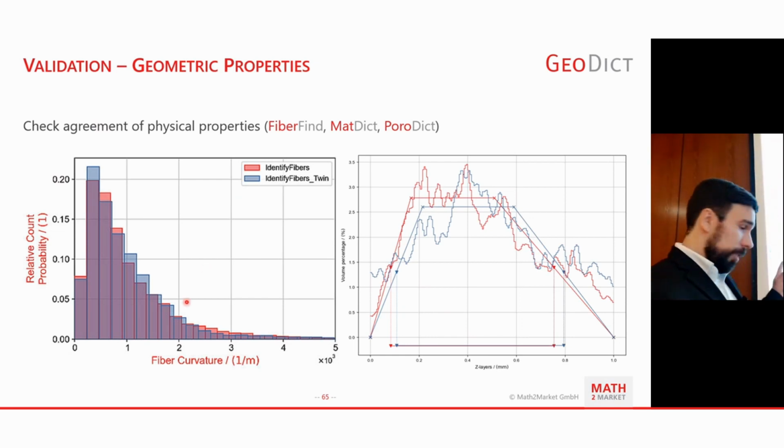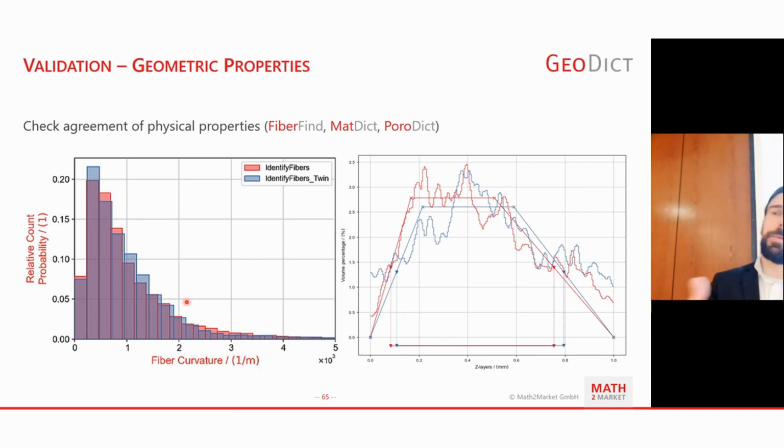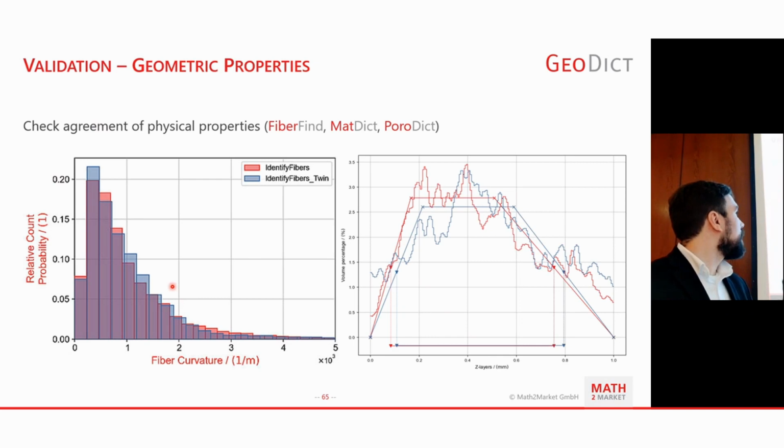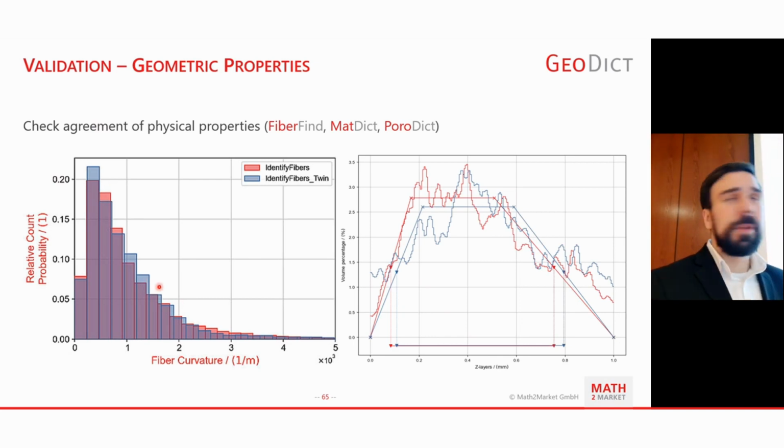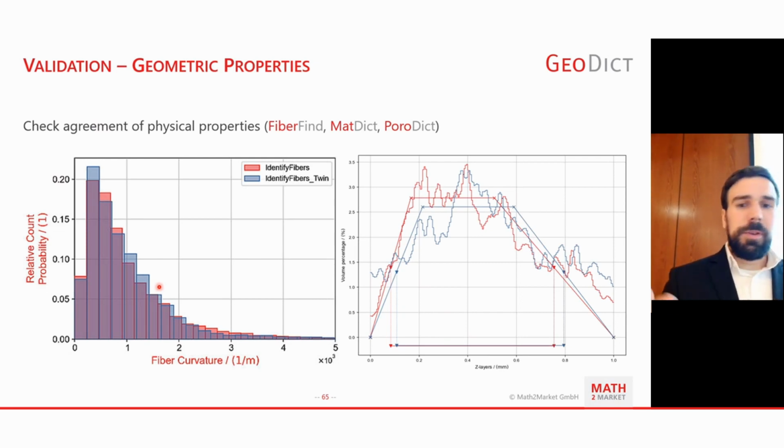One thing here, the curvature distribution is not what was directly outputted from FiberGeo, because there's sometimes a bit of an error on that too, but we ran FiberFind again on the generated structure to have the same measurement method and not two different measurement methods to estimate the curvature distribution.